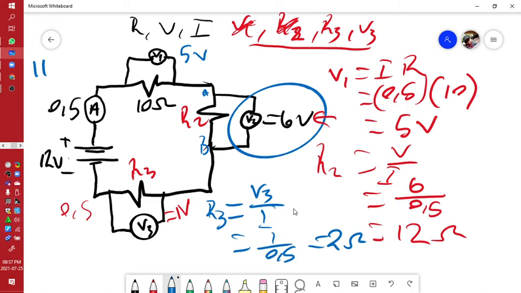So the total sum of our voltages must add up to 12, and the only voltage you do not have is V3. So you subtract everything from the total, and you get the only one that you do not have. So yes, that is true.